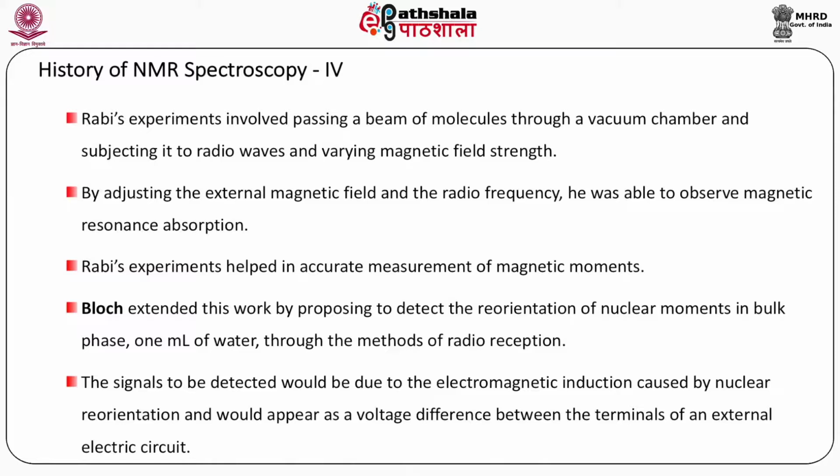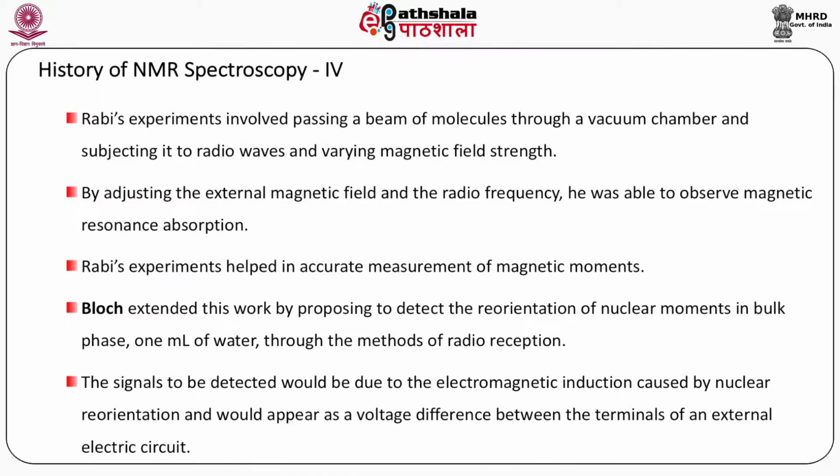By adjusting the external magnetic field and the radio frequency, he was able to observe magnetic resonance absorption. Rabi's experiments helped in accurate measurement of magnetic moments. It went to almost a tenth after the decimal place, actually 0.1 value.